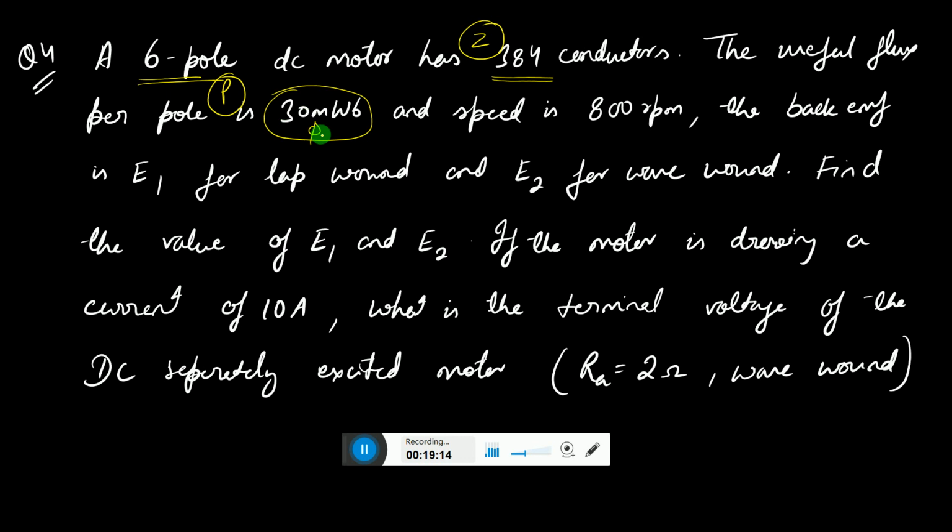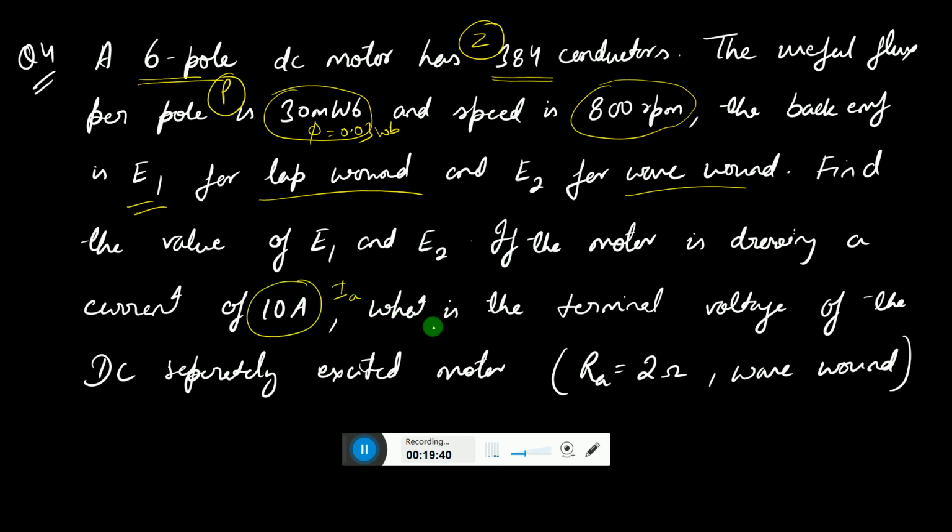Flux is always given in milliwebers, so it is actually 0.03 Weber. Speed is 800 RPM. The back EMF E1 for lap winding and E2 for wave winding is being asked. If the motor is drawing a current of 10 ampere, that is Ia, what is the terminal voltage Vt?